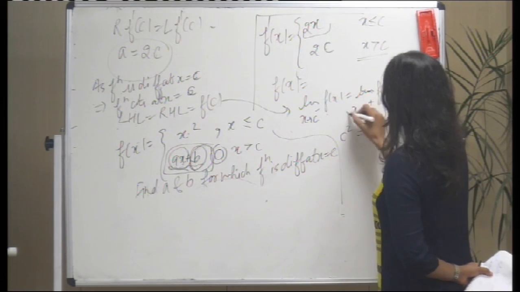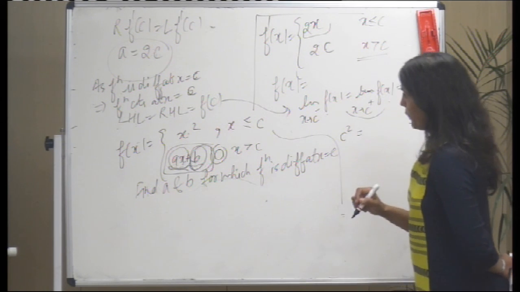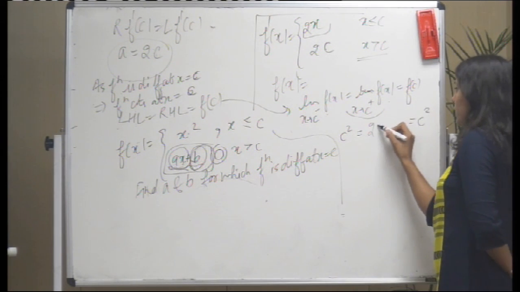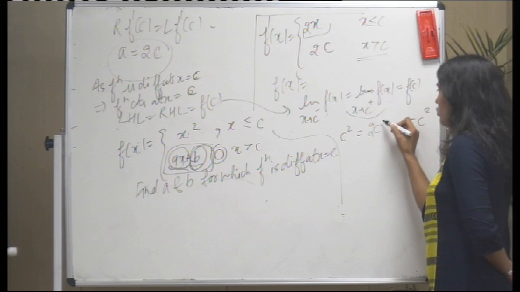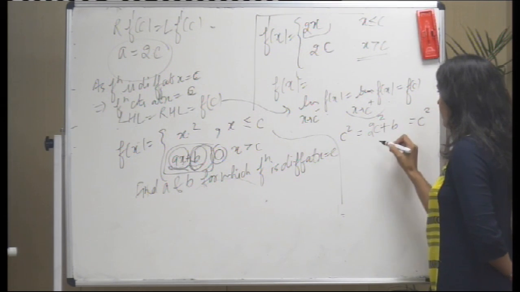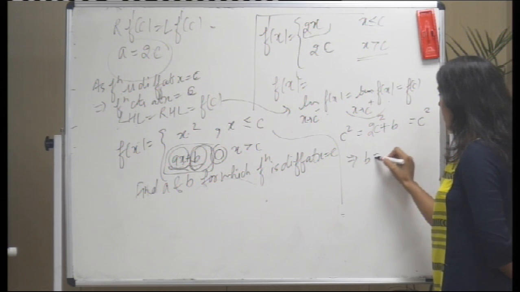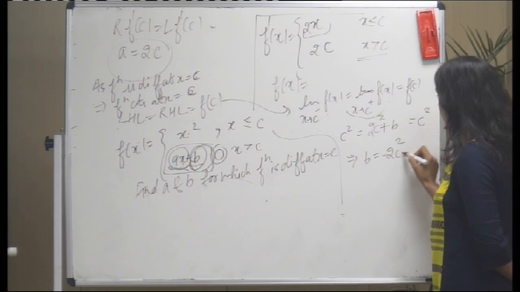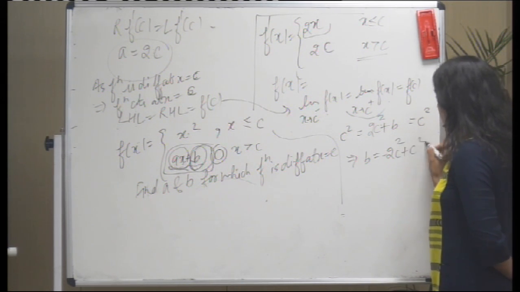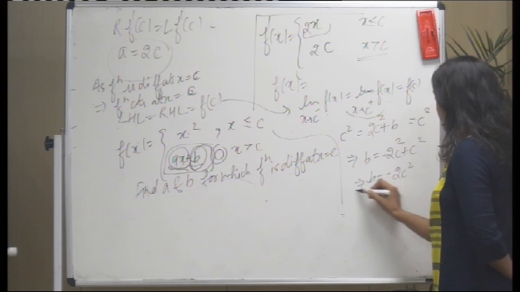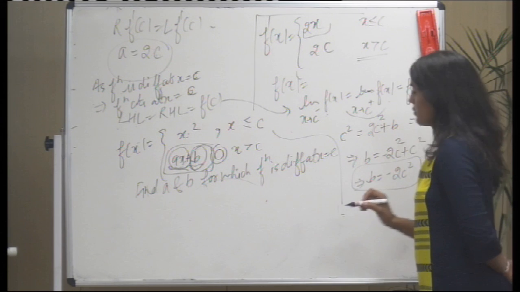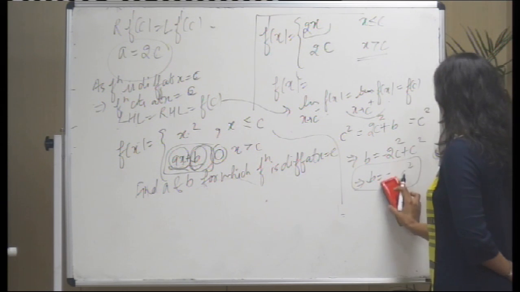From here what value are we getting? 2c x, and that is c square plus b. So b will be minus 2c square plus c square, so b is minus c square. Is it fine?